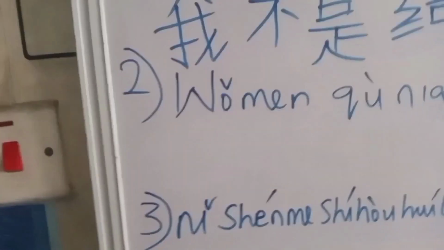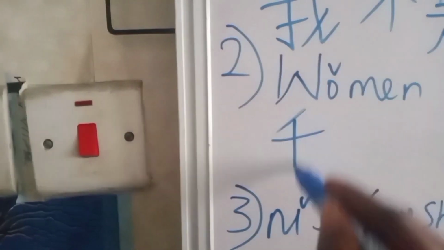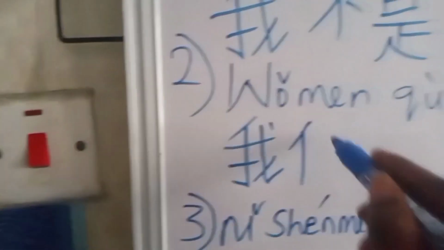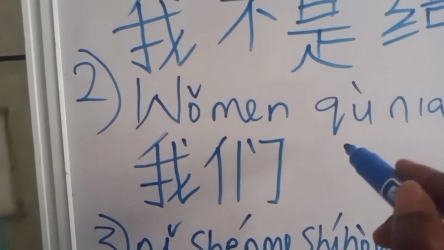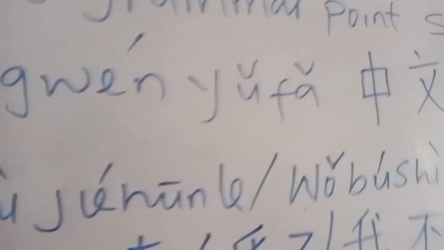Yes. So the second sentence is 我们去年, we wrote this here.